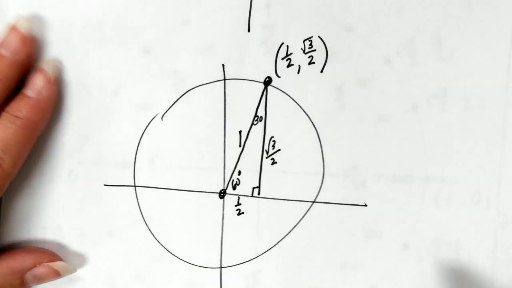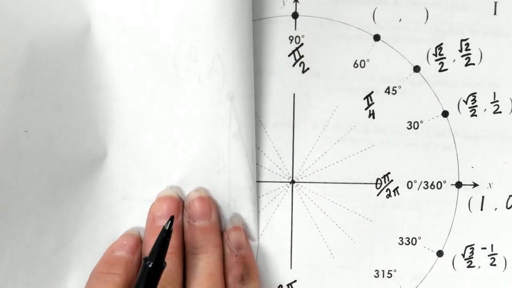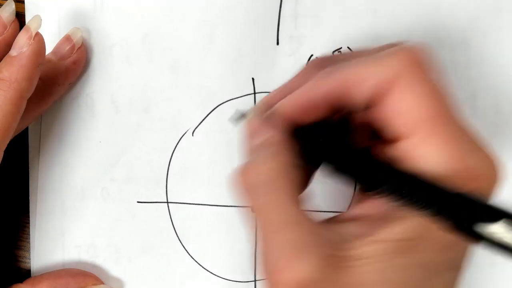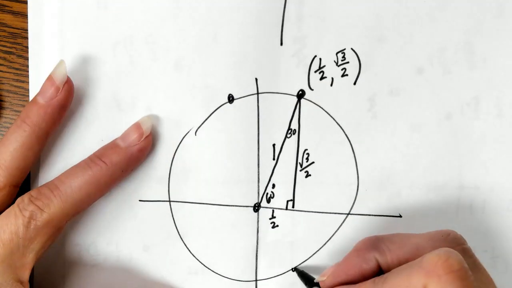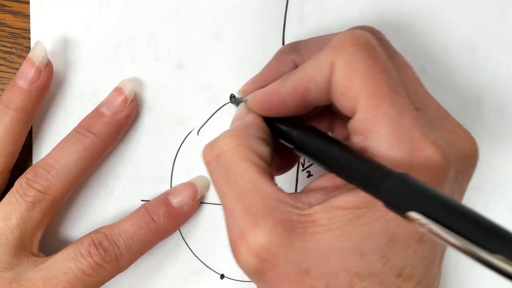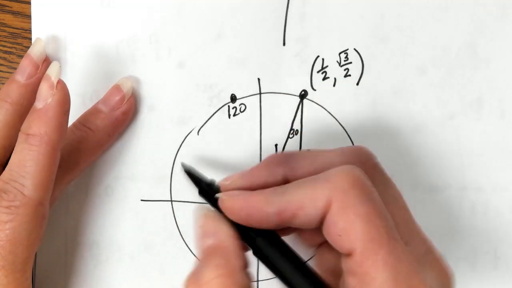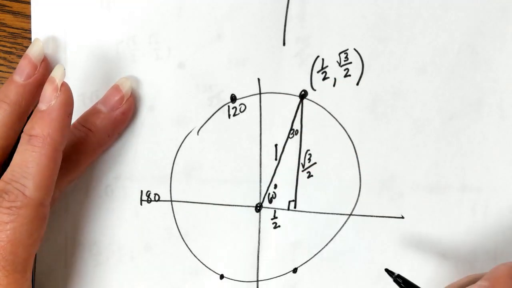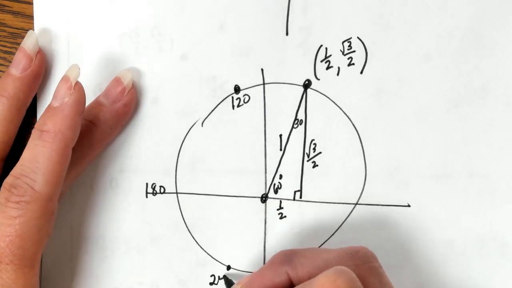Now, like the 30, the 60, if you fold it over like this, there's a 60 here. If you fold them down, there's a 60 here and here. The 60 that's located here, we call it really 120 because it's a 60 away from the 180. And down here, 60 away from 180 would be 240.